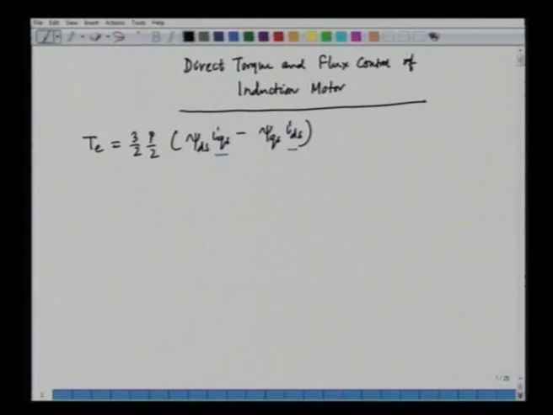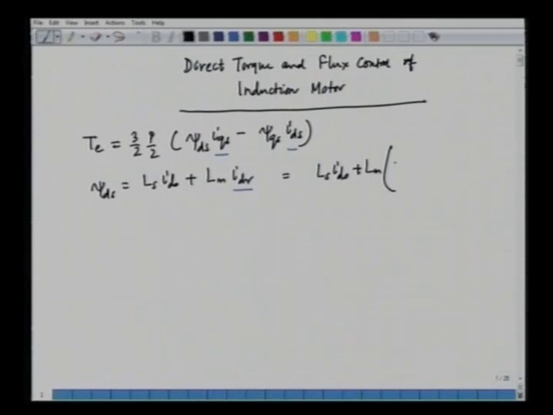So to do that, we will write down the expression for psi ds. Psi ds is equal to Ls IDS plus Lm IDR. We can also express this IDR in terms of IDS.